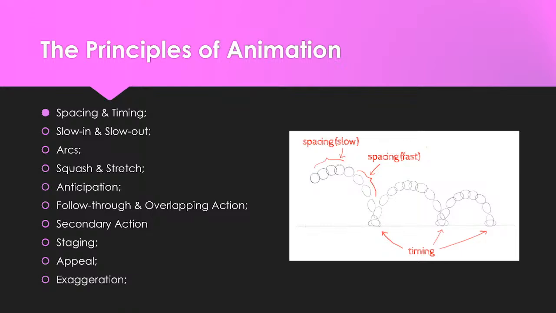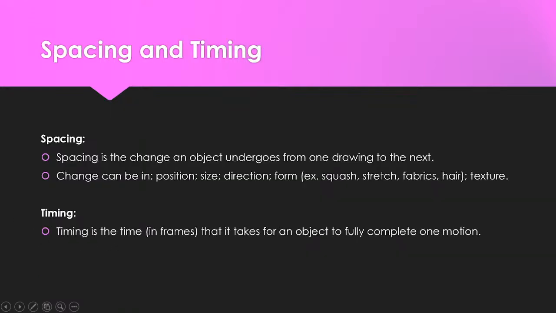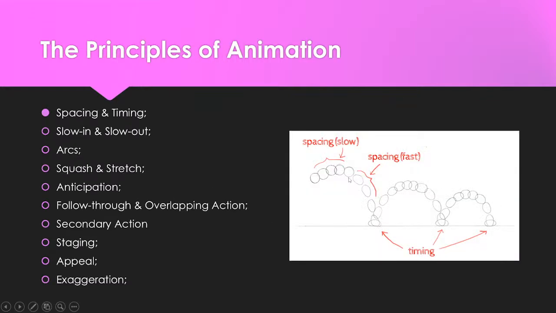Already from this, we get the idea that spacing is something that happens from one drawing to the next, for every drawing, while timing is the number of frames that separate two drawings, usually the start and end of an action.